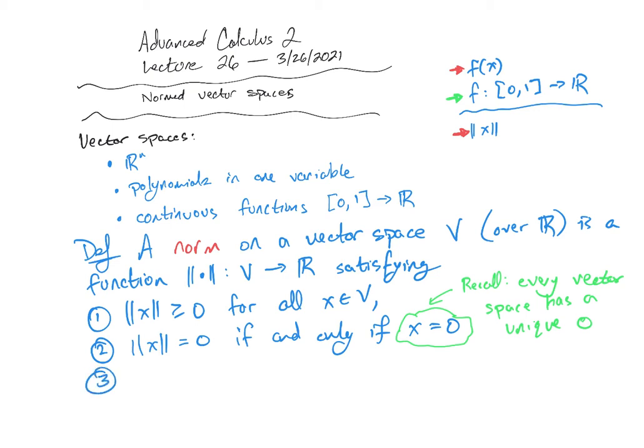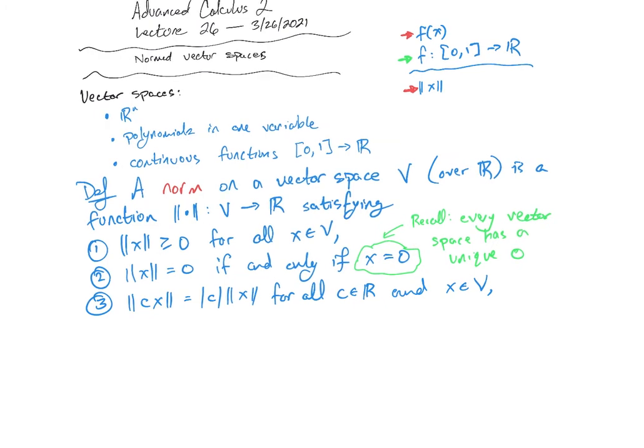Third rule. If you multiply the vector x by the scalar c, the norm of that will be the absolute value of c times the norm of x. I just want to make two comments here. The first is that this is absolute value.